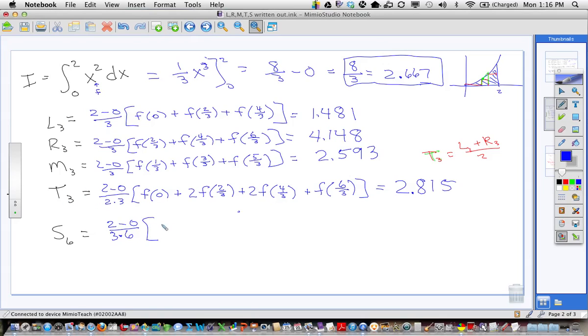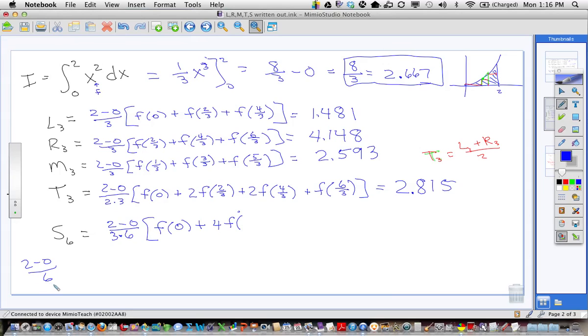All right, then what do I put? Yeah, but in this case, it's f of 0 plus 4. No. Since we're doing 6 subdivisions, what's my delta x on this one? 1/3.